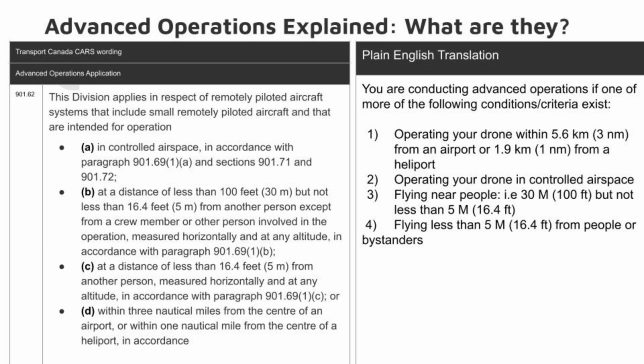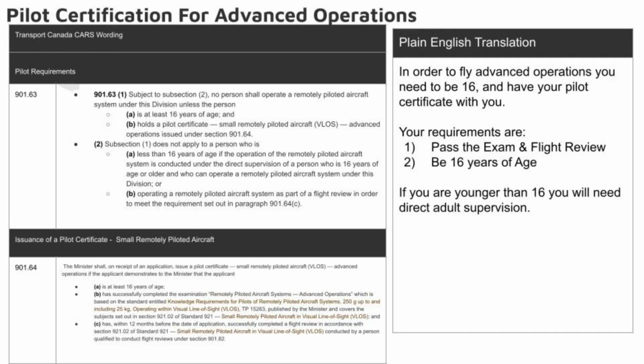We have further links in this presentation if you were to get the actual downloadable copy via Drone Center. Pilot certification requirements: 901.63 and 901.64 cover basically the age and what is required to both pass the exam and the flight review. Now, if you want to fly advanced operations, you need to be 16 and have your pilot certificate with you.